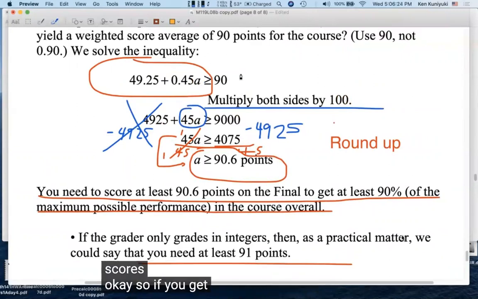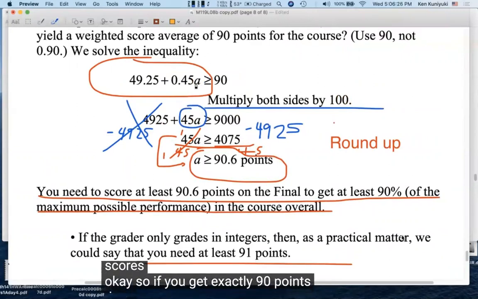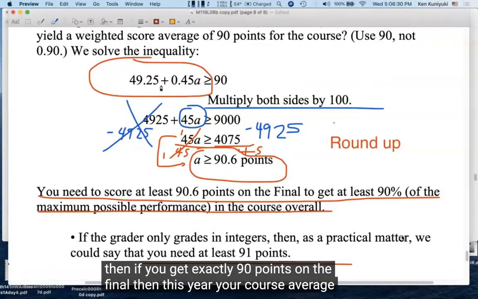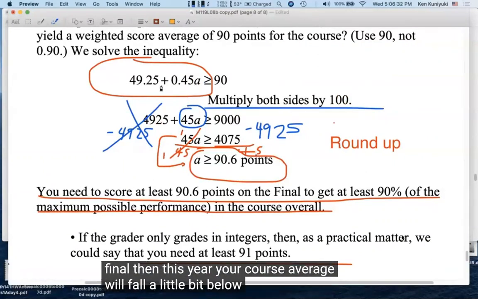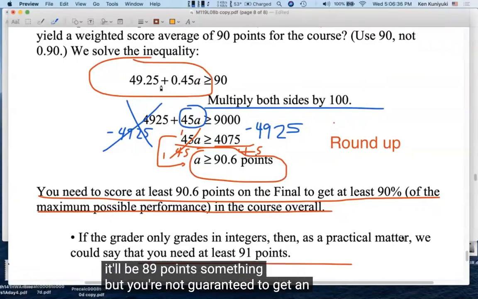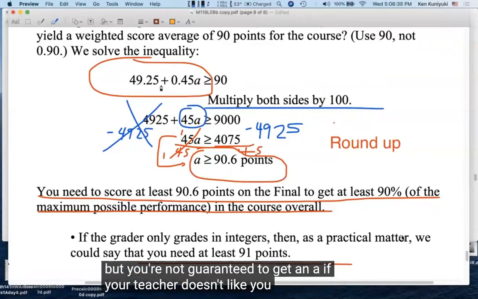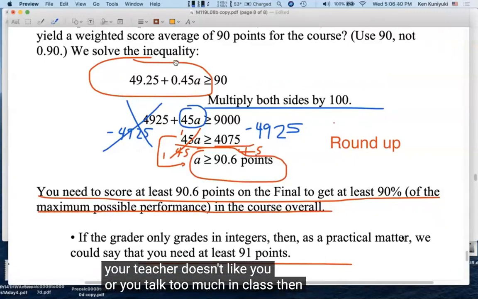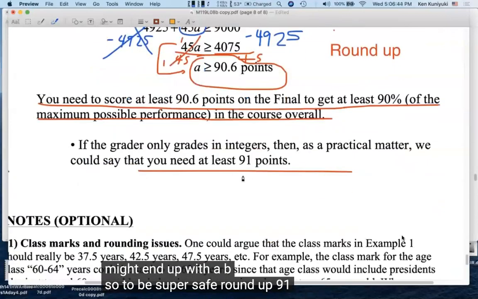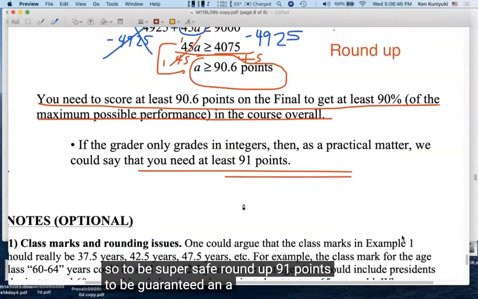So if you get exactly 90 points on the final, your course average will fall a little bit below 90 points, and you're not guaranteed to get an A. If your teacher doesn't like you, or you talk too much in class, then you might end up with a B. So to be super safe, round up to 91 points to be guaranteed an A.